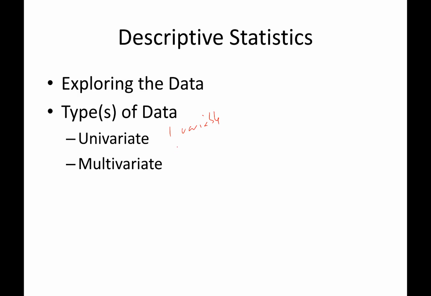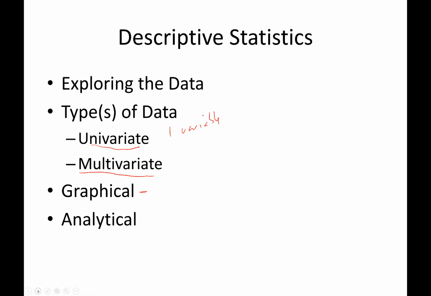Usually we'll look at two variables to see if they are related in some way. So we've got different ways of looking at variables individually or looking at some variables taken together. The techniques we'll look at include graphical techniques, some basic plots that we like to use, and also analytical techniques, really numbers that we use to summarize our data.